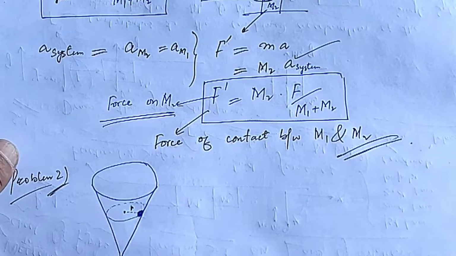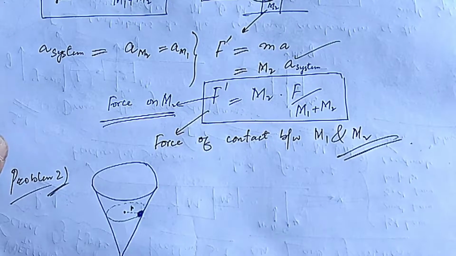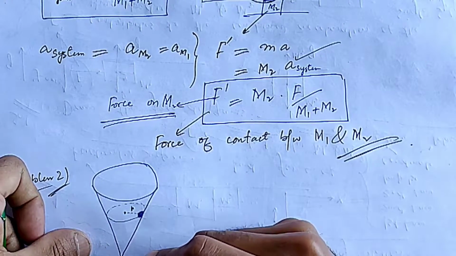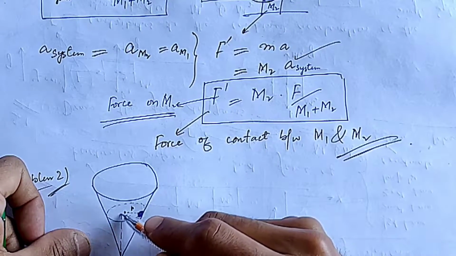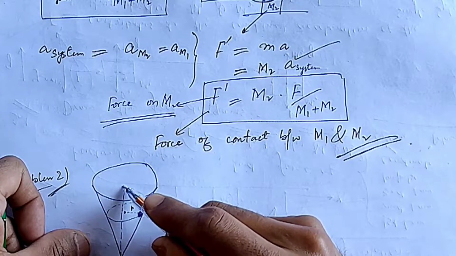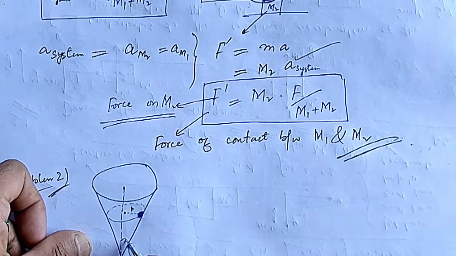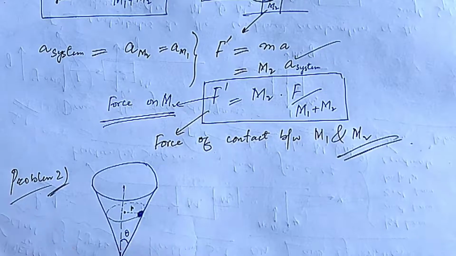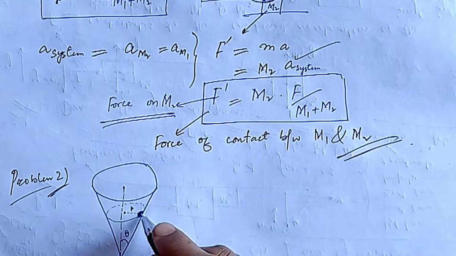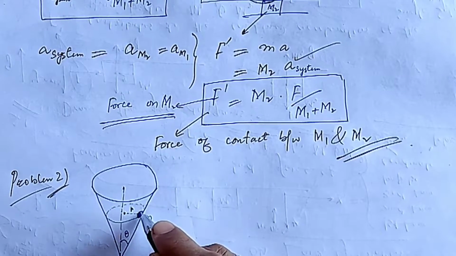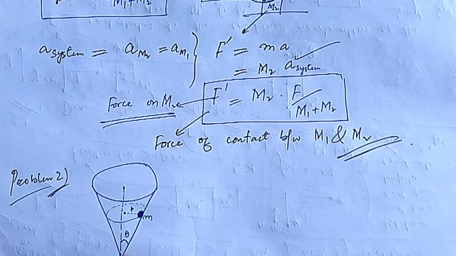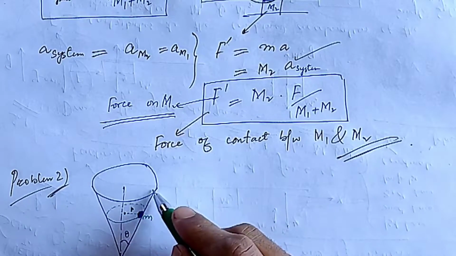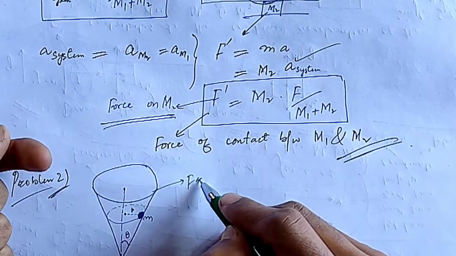Say the radius of this path is r. Another thing you have to keep in mind, the half angle of the cone, the slant angle here, this angle is theta, half angle. Keep that in mind. This half angle is theta, and the mass of the particle here is m, moving in circular motion inside a cone which is frictionless.